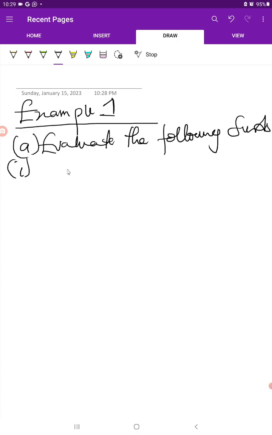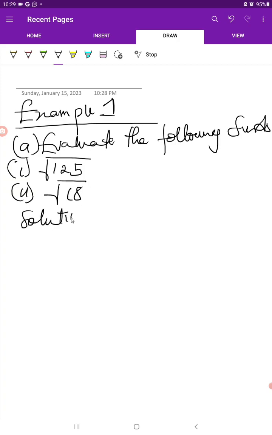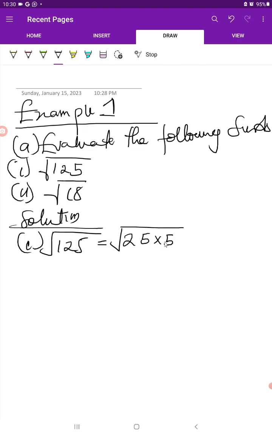Roman figure 1 is root 125. Roman figure 2 is root 18. Solution: if you are to evaluate root 125, recall that root 125 can be written as root 25 times 5.